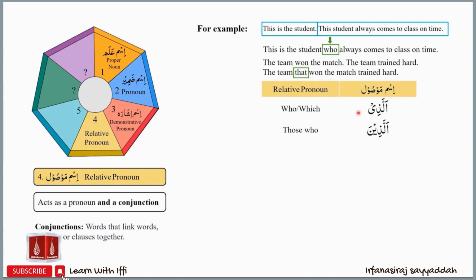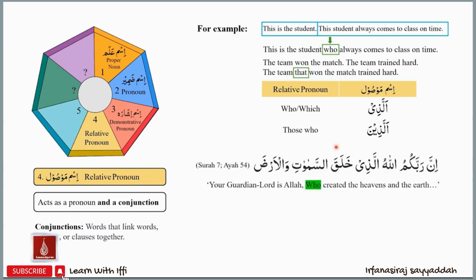Examples are the word allazi, which means who or which, or allazina, which means those who. We will look at some examples from the Holy Quran. In the Quran, Allah subhanahu wa ta'ala says in Surah 7, Ayah 54, your guardian Lord is Allah, who created the heavens and the earth.